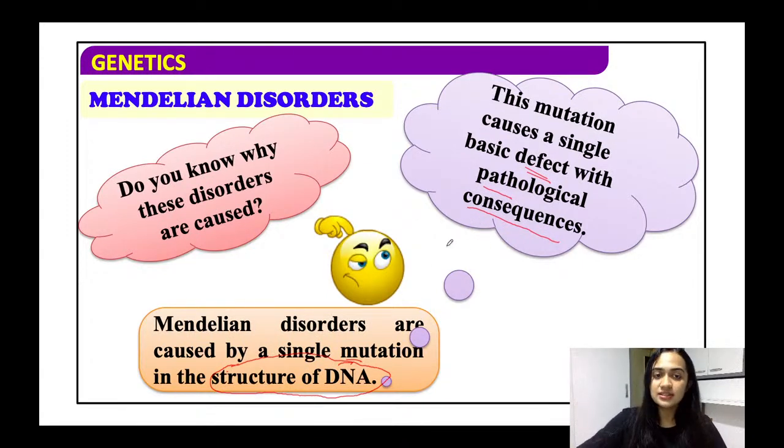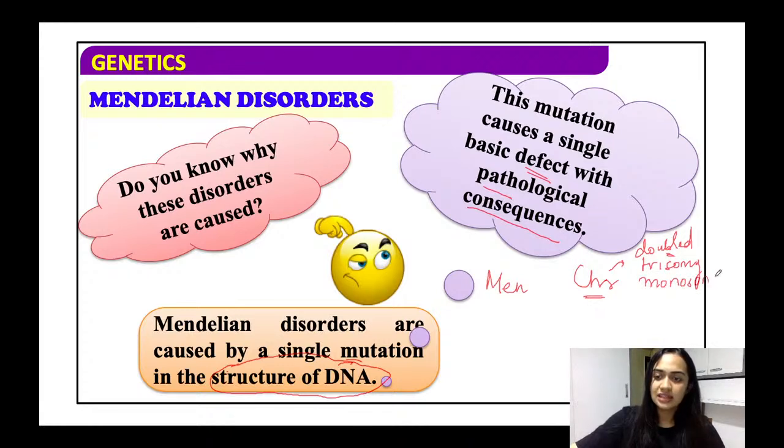Alright, so what is the basic difference between the Mendelian and the chromosomal disorder? In case of the chromosomal disorder, there is either duplication or trisomy or monosomy of a chromosome. So chromosomes are either doubled, or there is a trisomy condition or a monosomy condition.